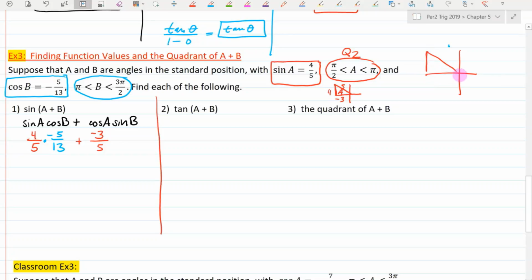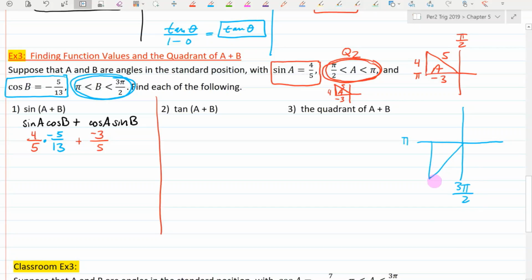A is in quadrant 2. This is A: 4, 5, and negative 3. And for B, B is in quadrant 3 because it goes from pi to 3 pi over 2. Okay, and it's negative 5/13.